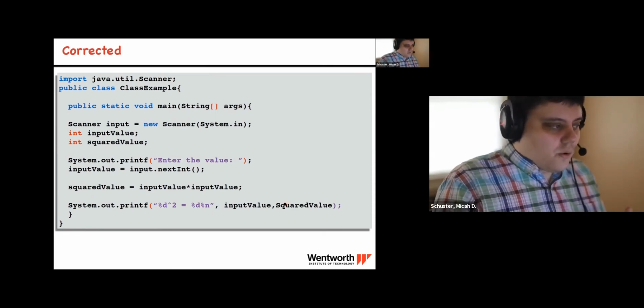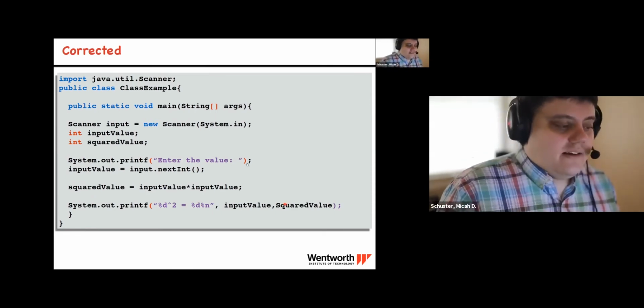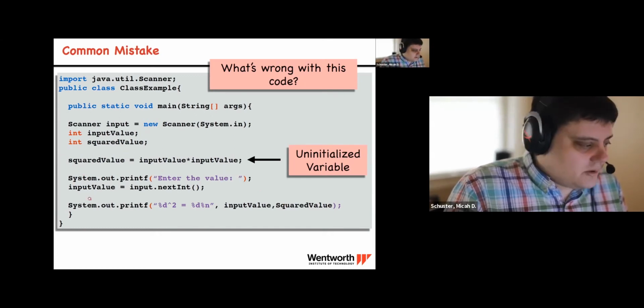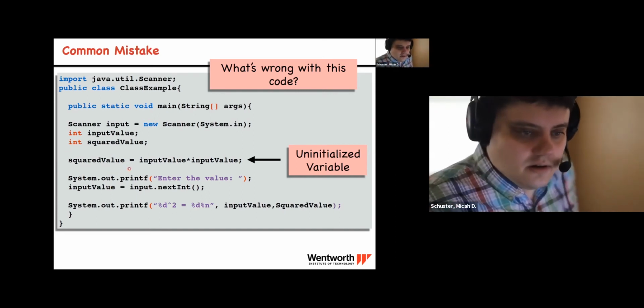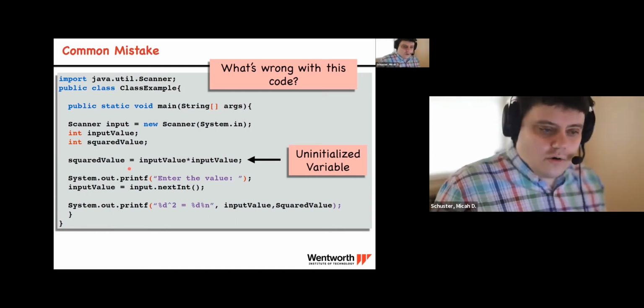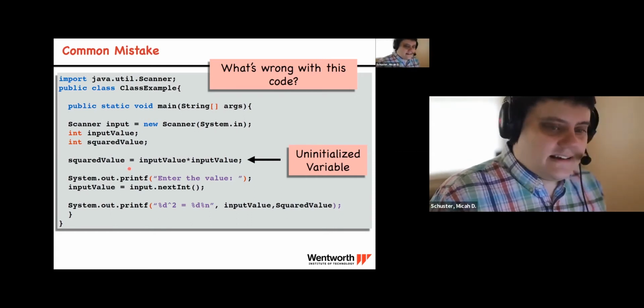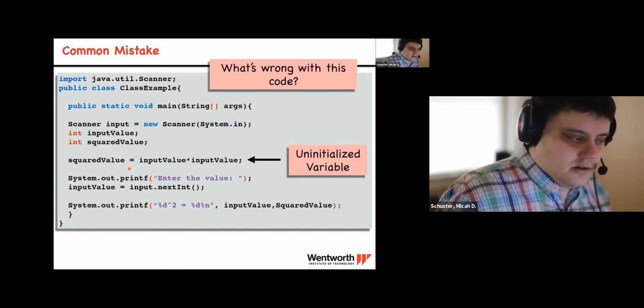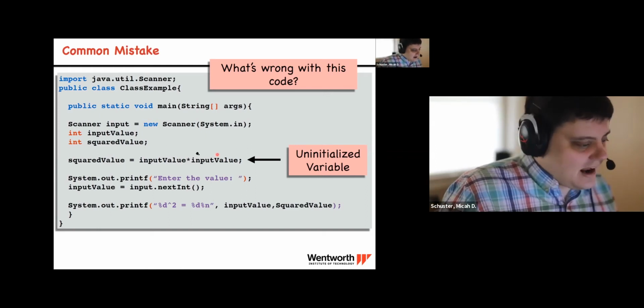The reason why I want to show you this is that if we go back to the previous one, this is not constantly updated. Even if I change input value, it doesn't recompute squared value. Remember, when we execute our code, we go one line at a time, executing in that strict order. So by having it this way, it's not going to print the correct value.